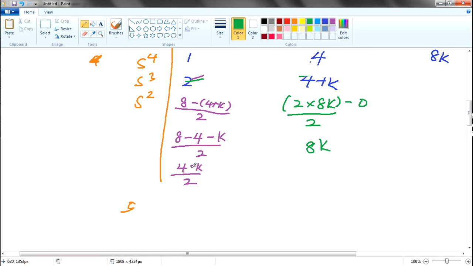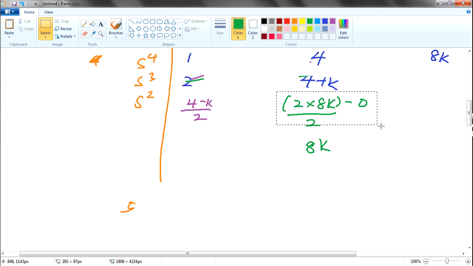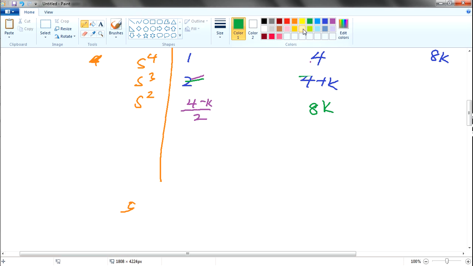So you can see that 4 minus k over, maybe I should bring all of this out. So you have this value over here, and we have 8k. So let's do it up again. Maybe I should use the romantic color again.